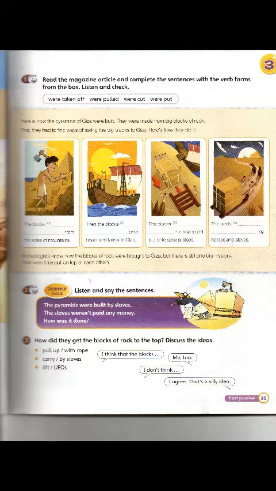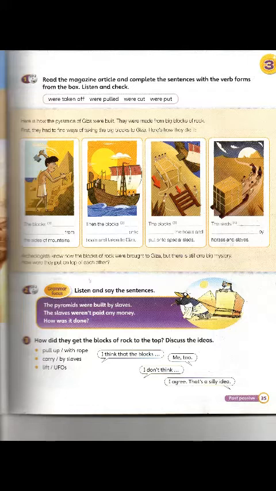Let's continue our lesson on page 35. Please open your student book, page 35. Take a look at part 1. We have text and pictures, and Miss Astri will play the audio.